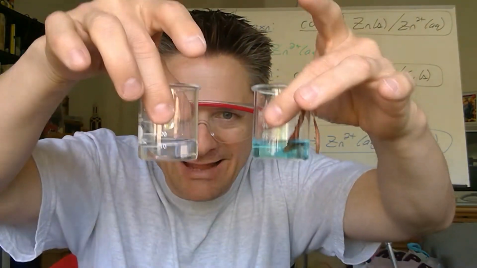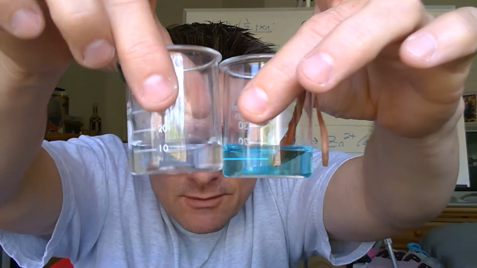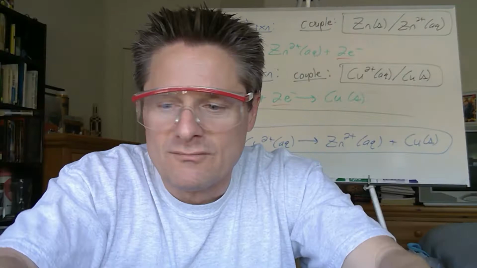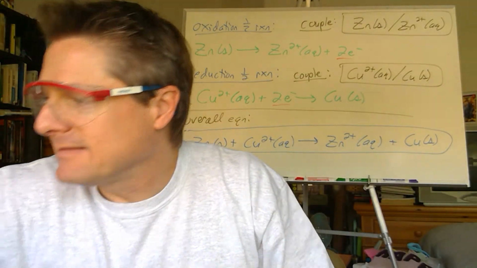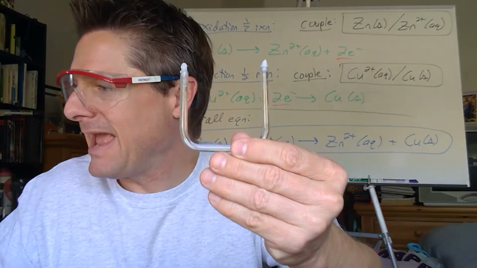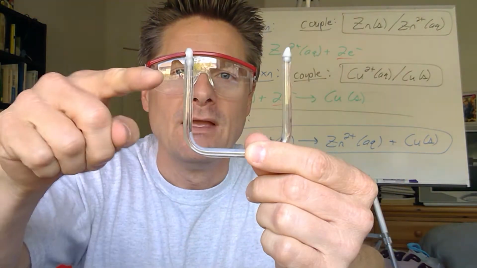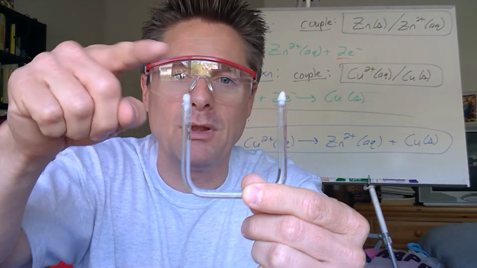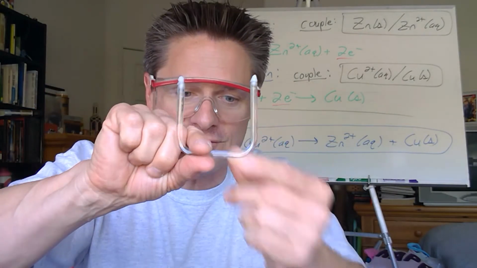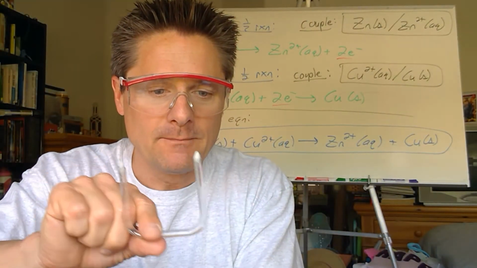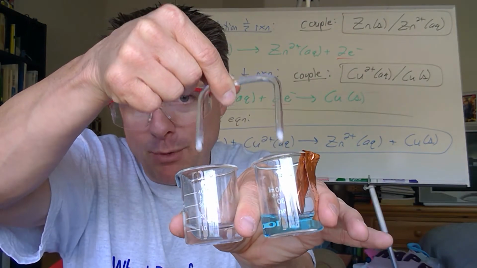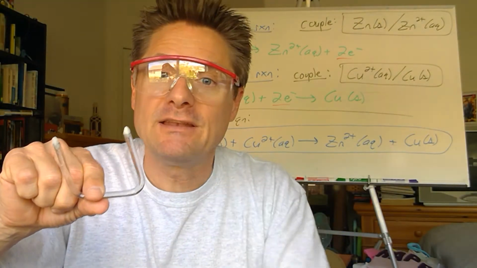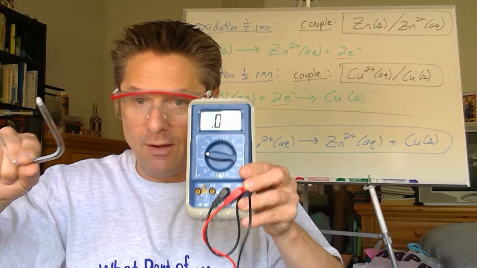You want to try to get the heights about the same, as you can see there, and then I have my salt bridge with some potassium nitrate solution in there. It took a while to get all the air bubbles out, and I got these little cotton plugs in there. So this is my on-off switch. When I have these 2 beakers and I pop this in there, that allows the circuit to continue, and then you'll see the reading on the voltmeter.